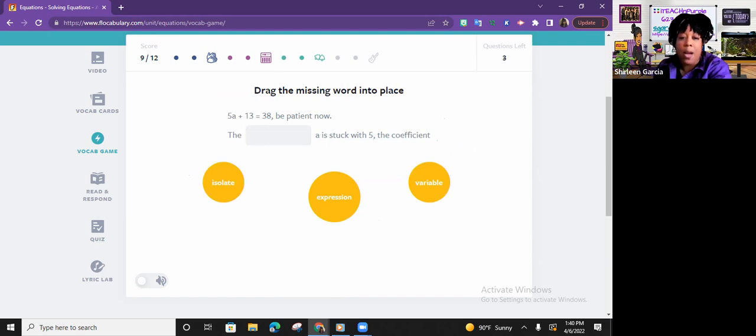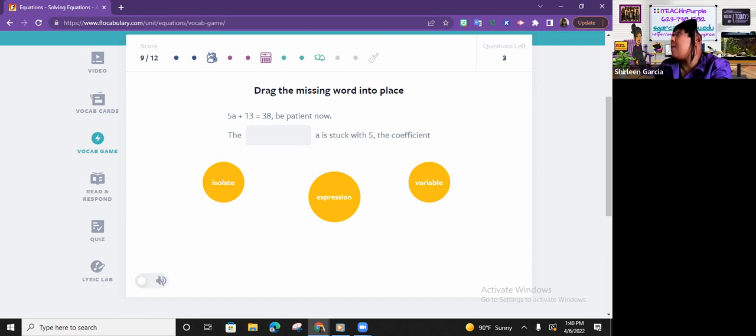Awesome. All right. 5a plus 13 equals 38. Be patient now. The variable a is stuck with 5, the coefficient. What is a? Isolate, expression, or variable?